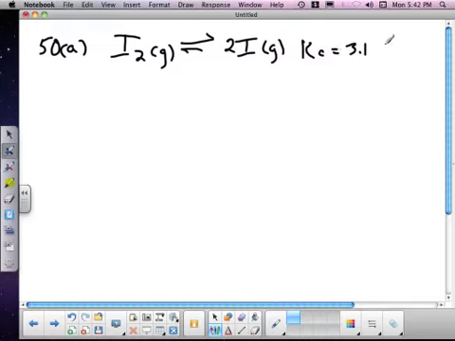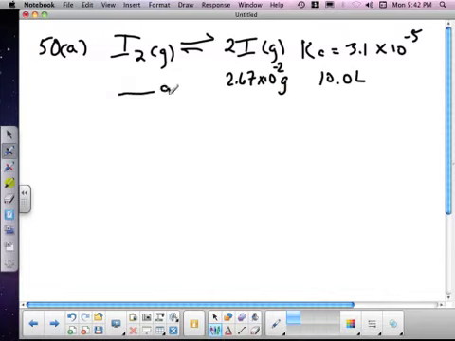If an equilibrium mixture in a 10-liter vessel, so 10 liters, contains 2.67 times 10 to the minus 2 grams of I, how many grams of I2 are in the mixture?